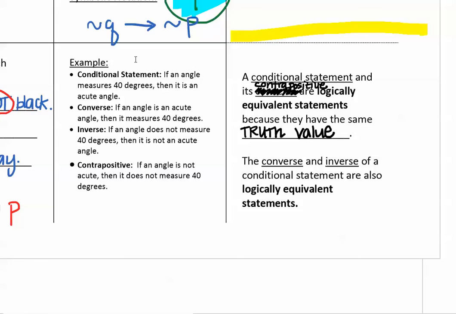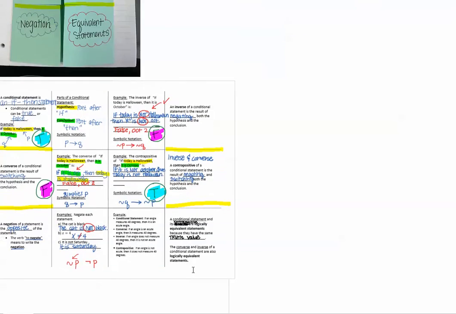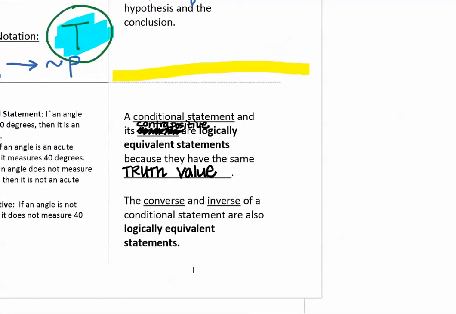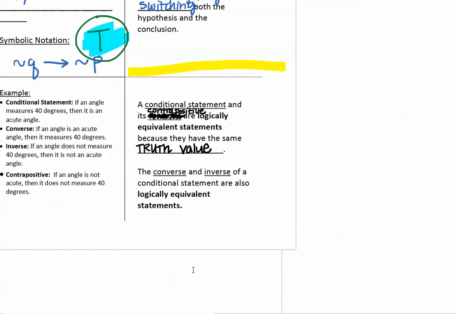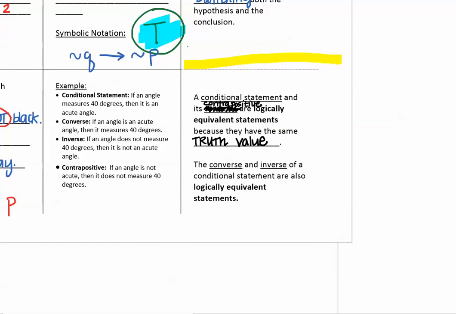Okay, and you can see the contrapositive is true, and the original was true. Another pair that are also logically equivalent are the converse and the inverse. Okay, and so there's another full example over here that shows that this works.